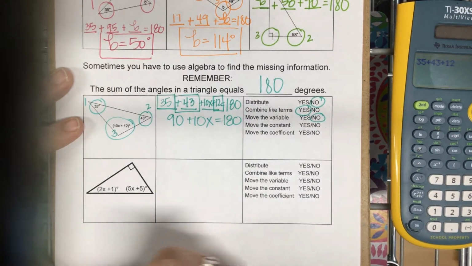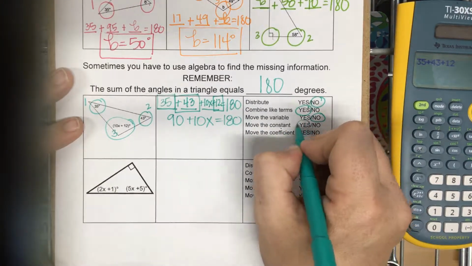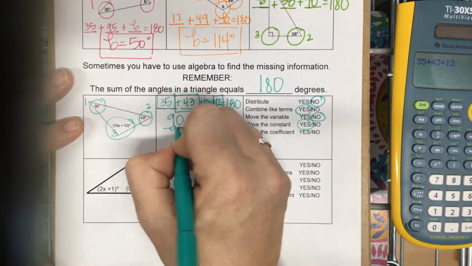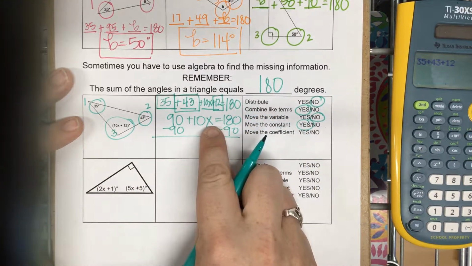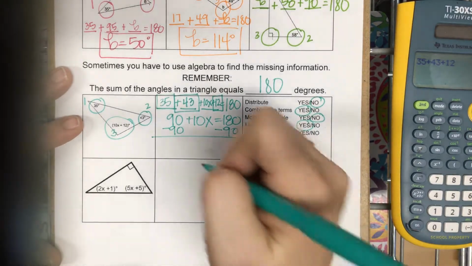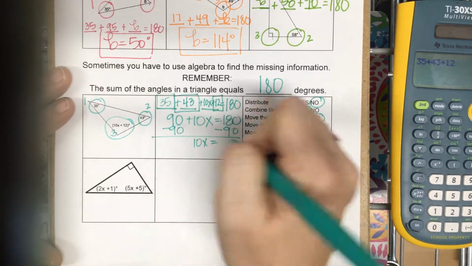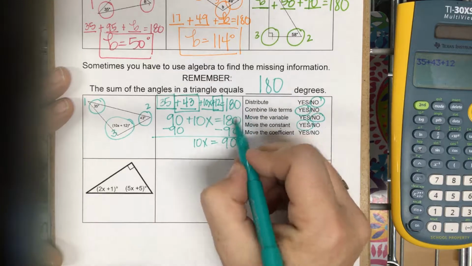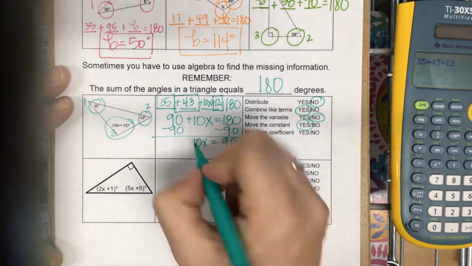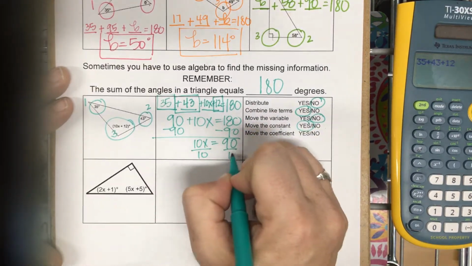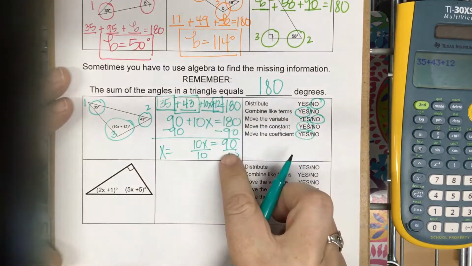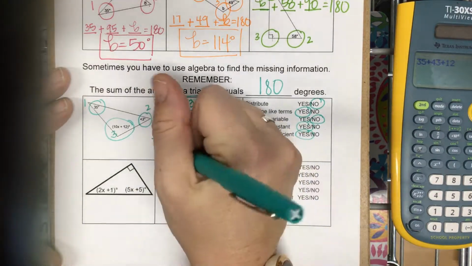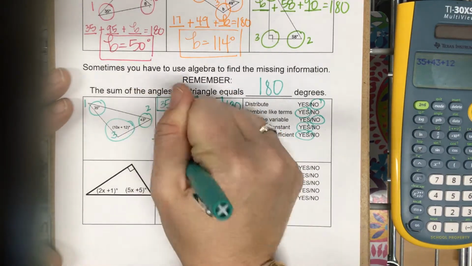Nope. Is there a constant? Yes, my number without a variable. It's on the same side as the variable, but it doesn't have the variable with it. So 10x equals 180 minus 90, which is 90. Divide by 10, because that's my coefficient. X equals 90 divided by 10, which is 9. So my x value is 9.